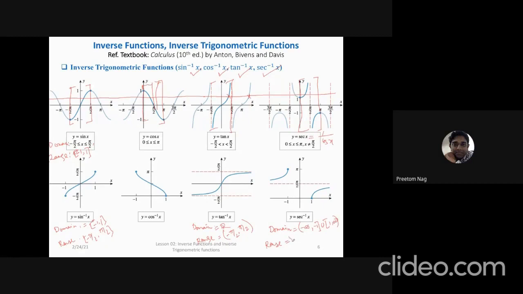So আমরা এটা লিখতে পারি y belongs to R such that y is not equal to pi by 2 and y lies between 0 to pi. That is the range of sec inverse of x. I hope you understand. Yes, sir.